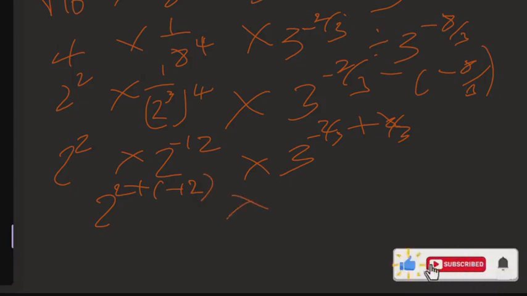Now multiplied by, if we add these fractions together, minus 2 plus 8 is 6, not minus 6, 6 over 3. Now here we have 2 plus minus 12, and plus times minus is minus, so negative. So 2 plus minus 12 is minus 10. So we have 2 raised to the power of minus 10 times 3 raised to the power of 2.